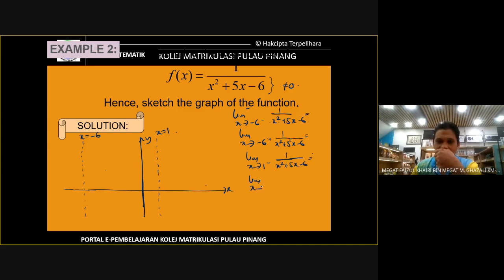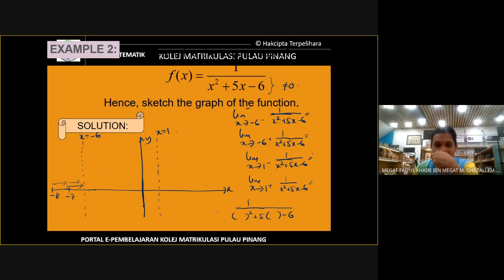And limit of x approaching 1 from the right, 1 over x squared plus 5x minus 6. Now class, x approaching -6 from the left. Just imagine -8, -7, approaching -6 from the left: -7, -6.5, -6.4, -6.3, -6.2, -6.1, -6.01.